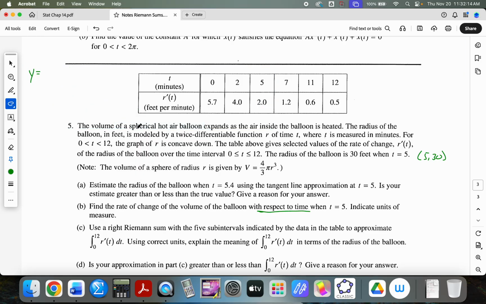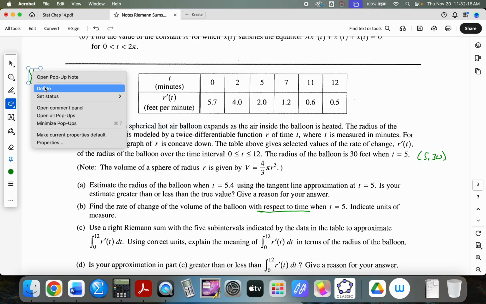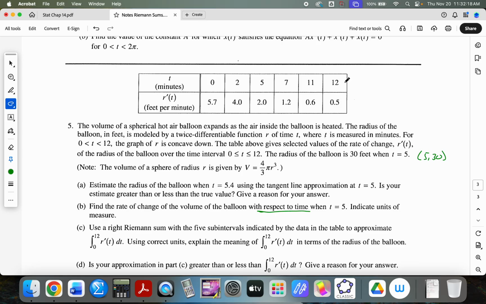All right, then part C, finally, asks about a Riemann sum. Use a right Riemann sum with the 5 subintervals indicated by the table to approximate, I don't know what that is. Actually, I do. But it doesn't matter that you don't know what that is. It told you to use a right Riemann sum. So even if you don't recognize that, and you will shortly, you can still do the right Riemann sum.